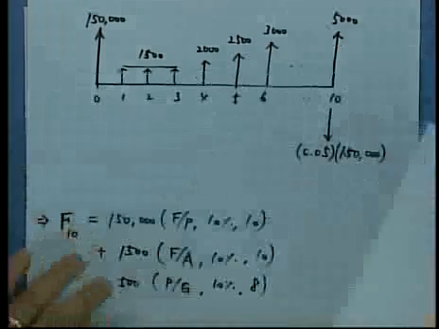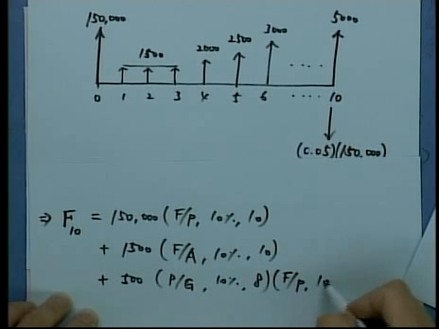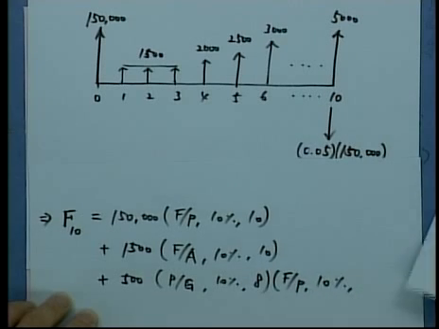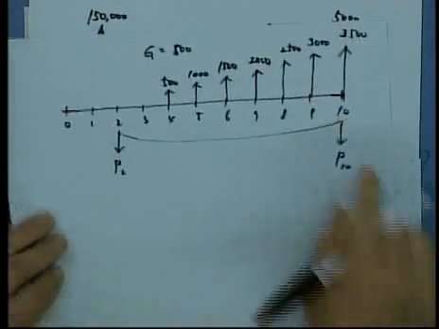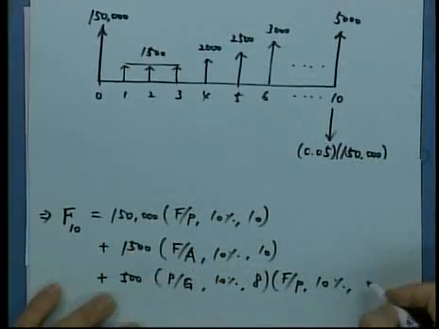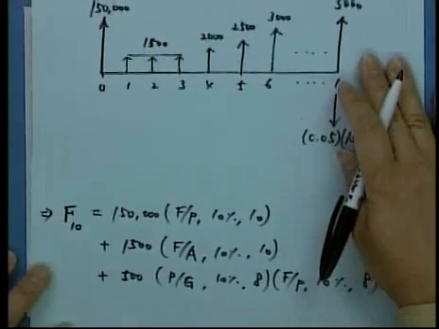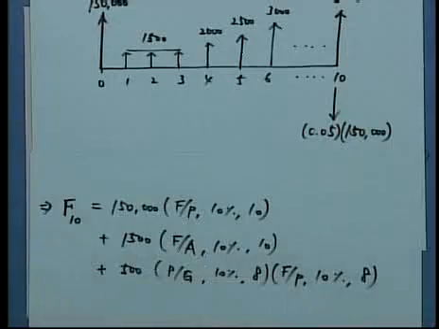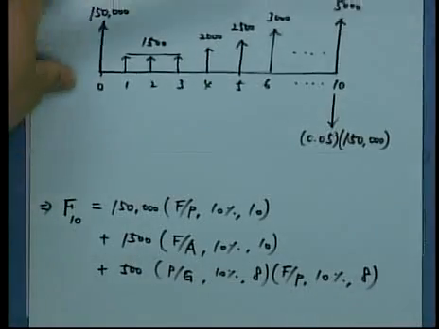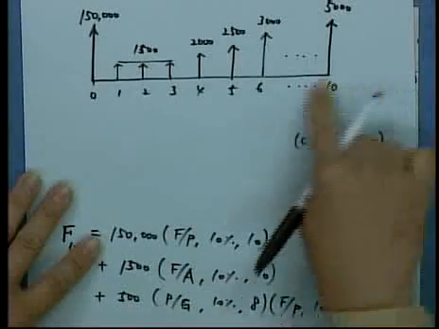So you need to multiply by F given P, 10% over 8 periods. And then you need to consider the salvage value at the end of period 10.